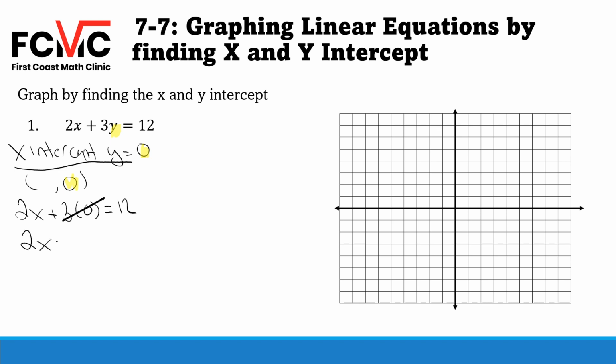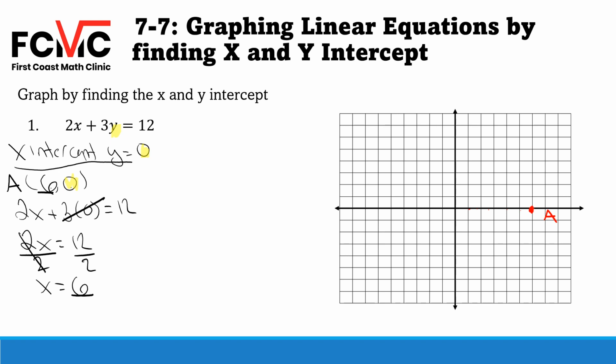We get 2x equals 12. Divide by 2 on both sides, and we get x equals 6. So we fill in our x value with a 6. We'll call this point A at (6, 0). So we'll plot point A at (6, 0), which is right here.